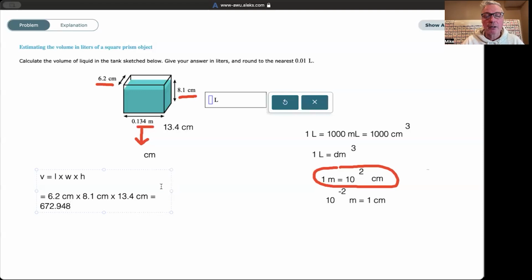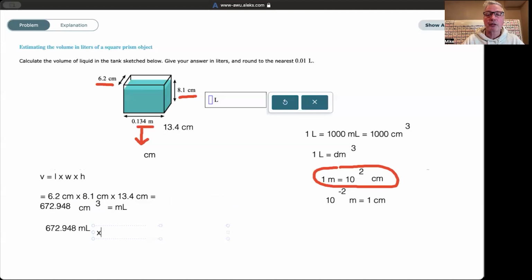Trust me, nothing's gonna go wrong because of this, and that's going to be units of centimeters cubed. 672.948. That is also what a milliliter is. So what do we got? We got 672.948 milliliters, because a centimeter cubed and a milliliter is the same thing.